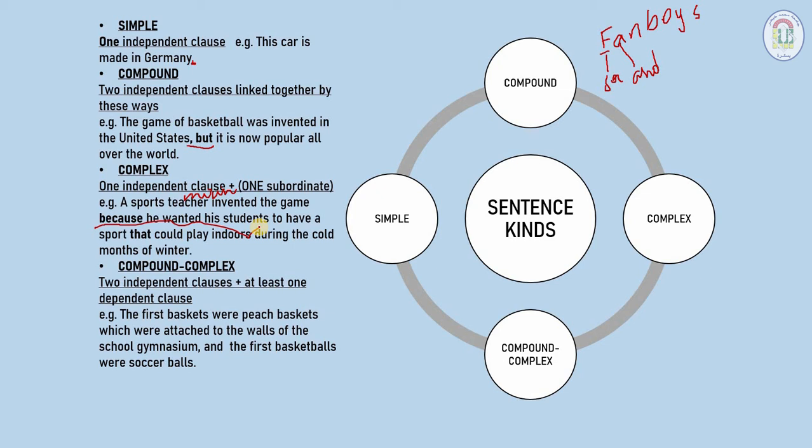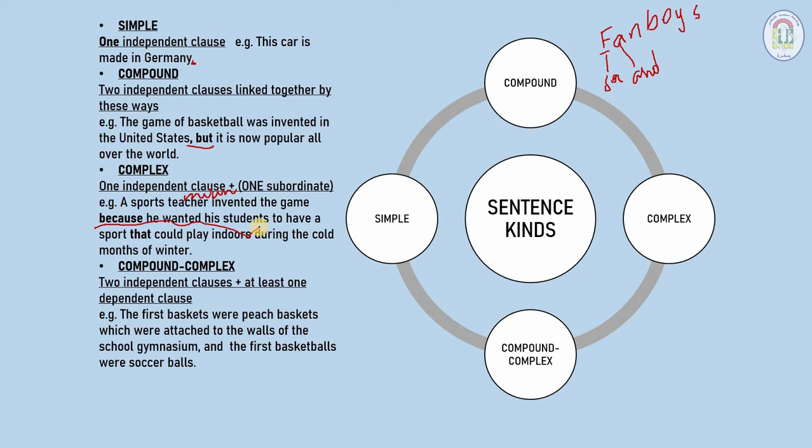For example, the first basketball baskets were peach baskets, which were attached to the walls of the school gymnasium, and the first basketballs were normally soccer balls. So here what do we have? Two independent clauses and one dependent clause.